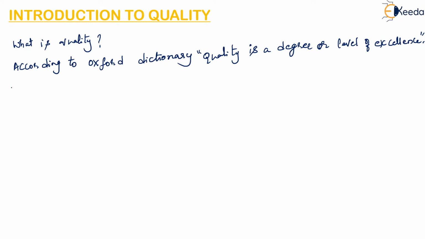So they say that the features and the characteristics of the product or the services have the ability to satisfy the given needs. Here the needs are nothing but the needs of the customer.